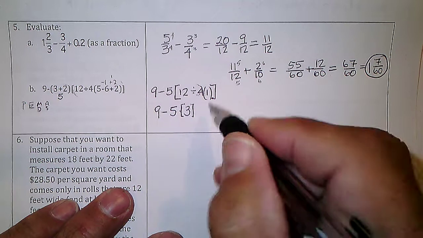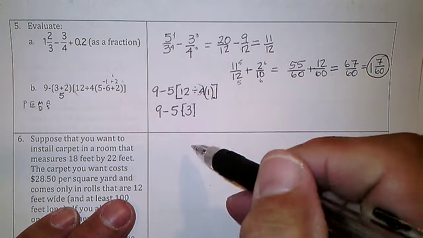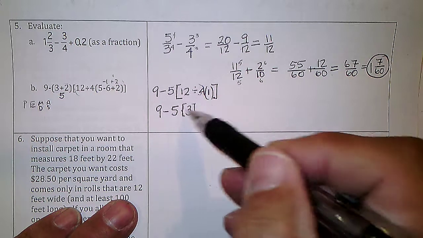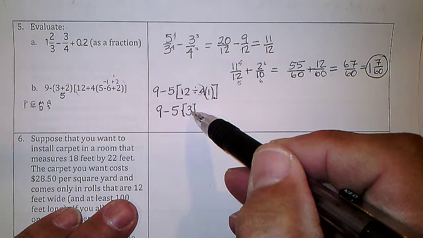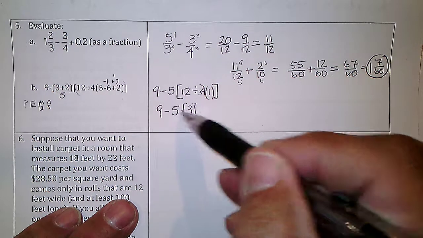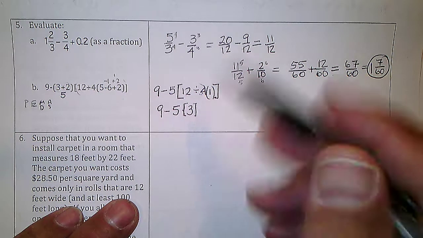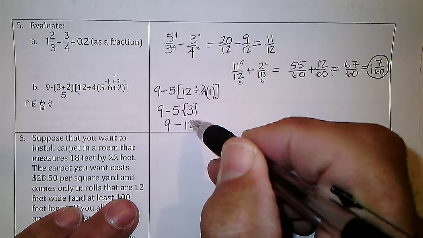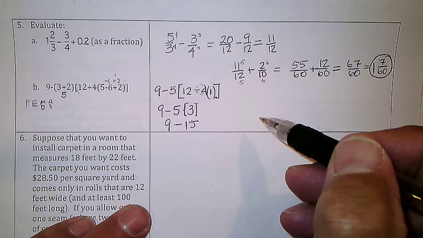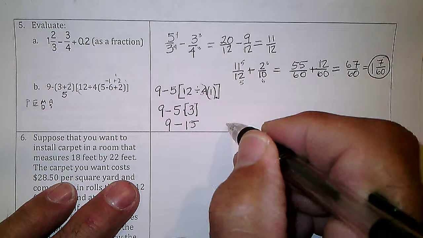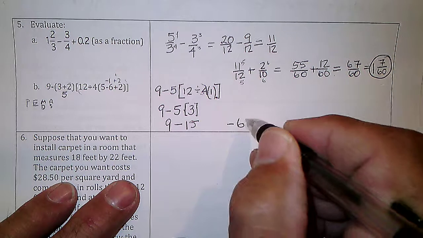I don't need the parentheses anymore because that's all simplified. Subtraction comes after multiplication, so I still got to do this first. So I have 9 minus 15, which is -6.